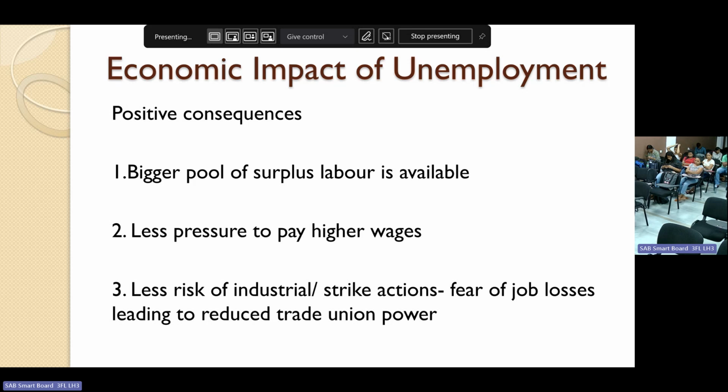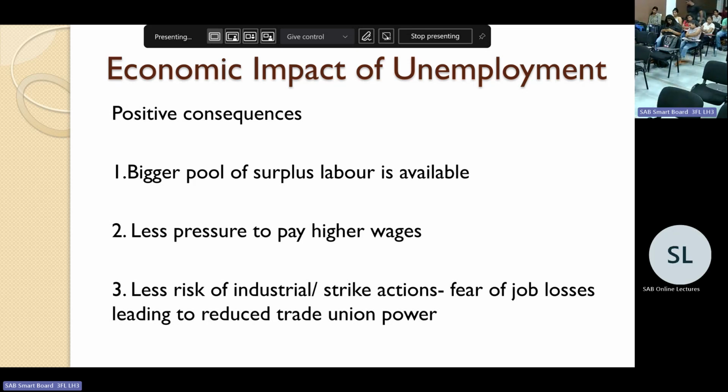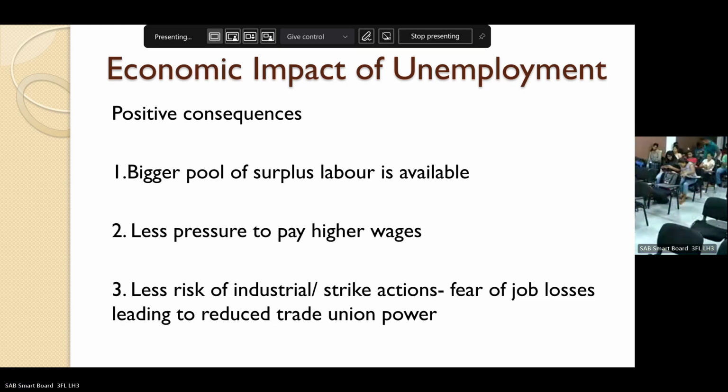Since there are unemployed people, trade unions cannot demand much, because if they demand it, there are a lot of people outside who can be recruited. So from the industrial point of view, that risk is less.